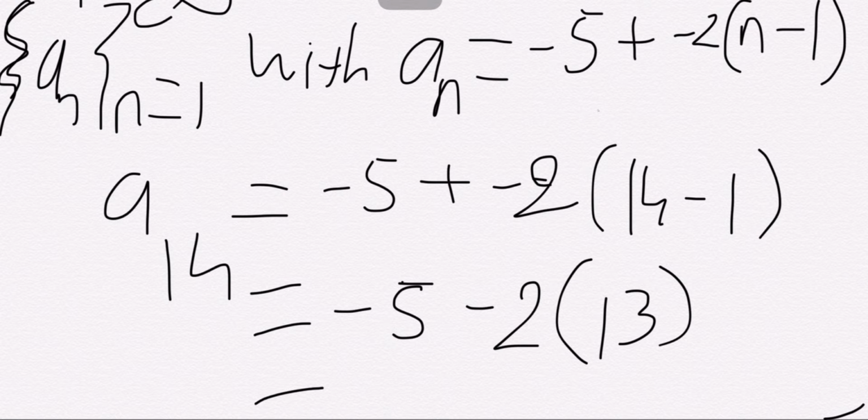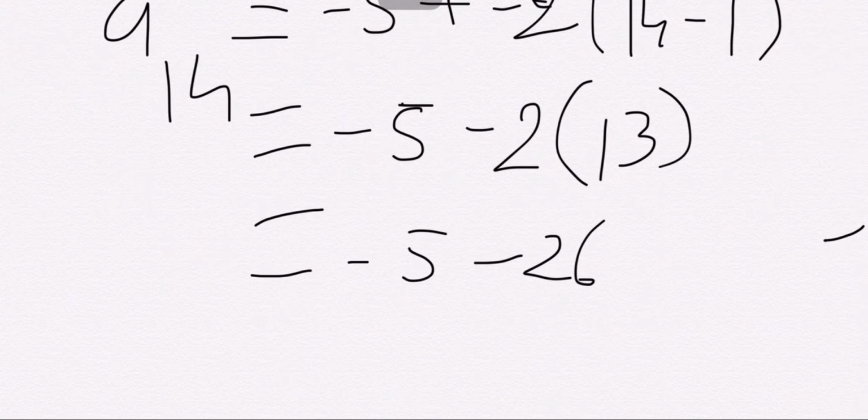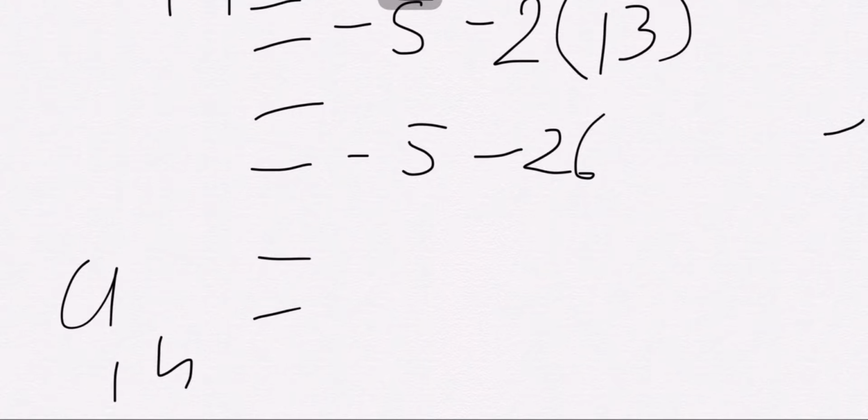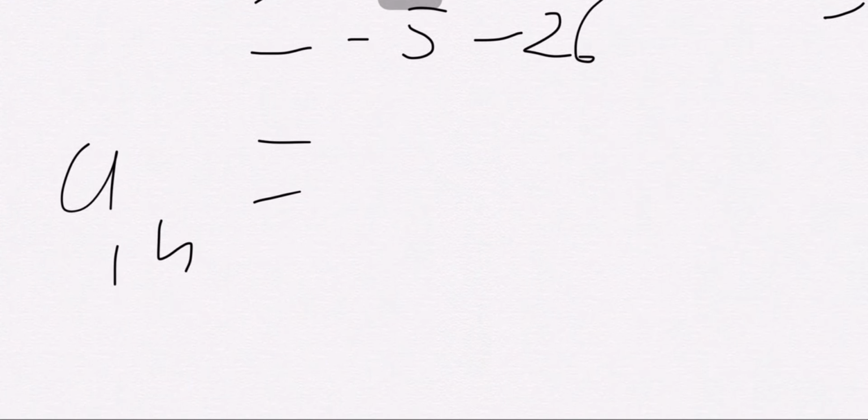These two values are added together, so our a sub 14 is equal to -31. See, that's how you put it into action.